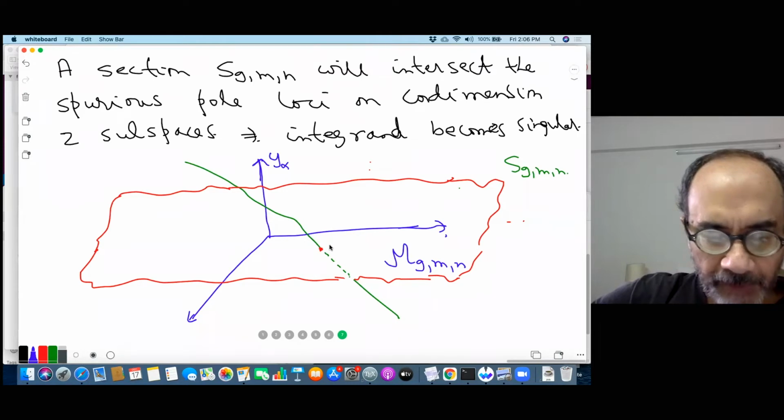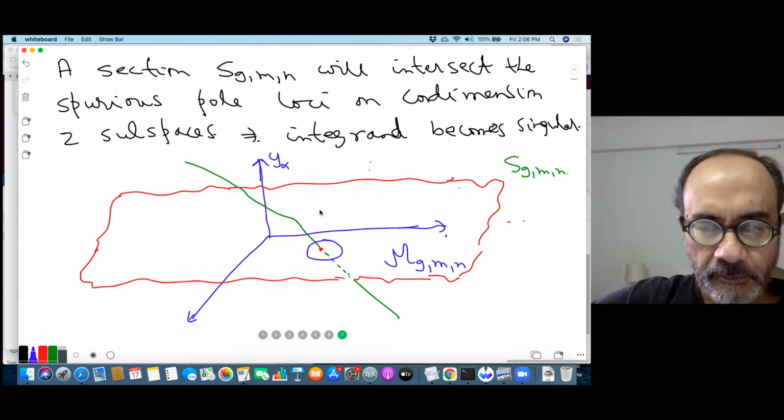So we first cut out a small region around this point where it intersects, a small region on the section SGMN.